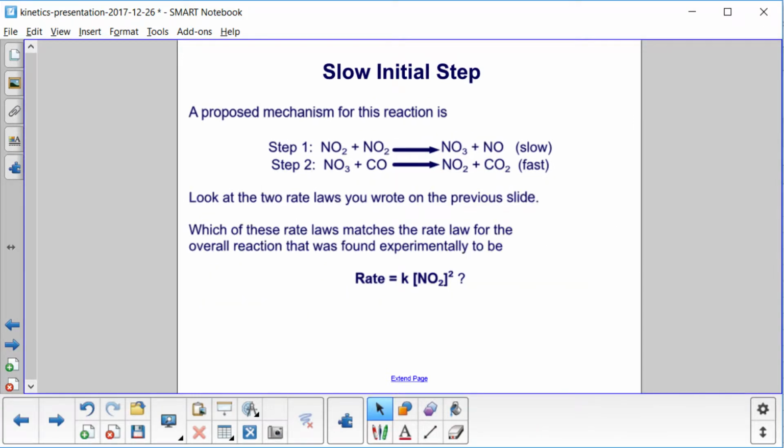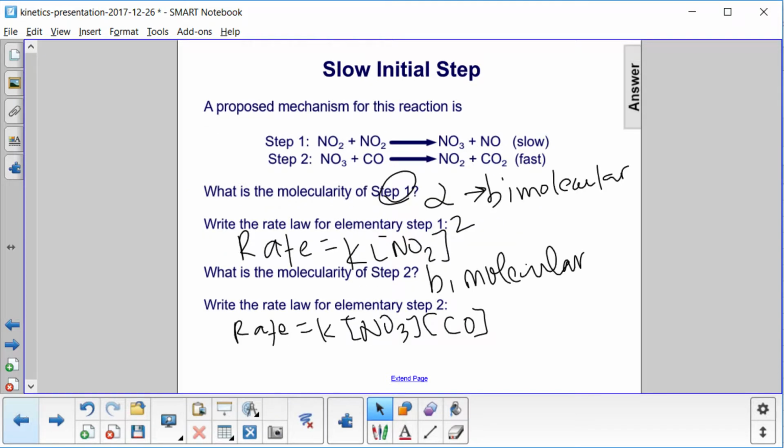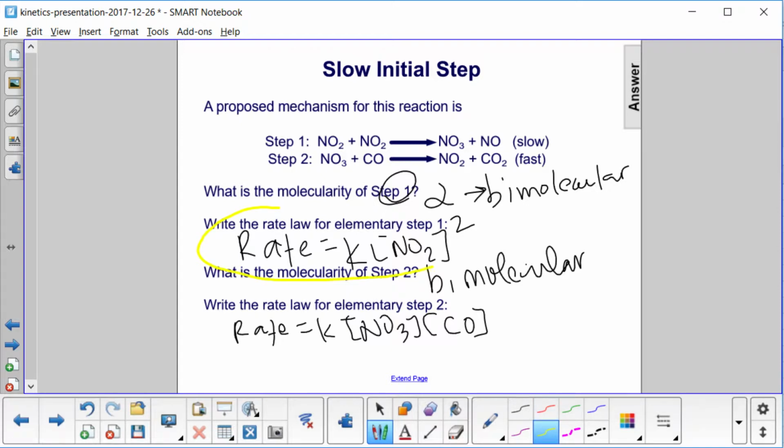It says, look at the 2 rate laws you wrote on the previous slide. Which of these rate laws matches the rate law for the overall reaction that was found experimentally to be rate equals k times the concentration of NO2 squared? If we go back, it's the rate law that we wrote for elementary step 1, this one right here.